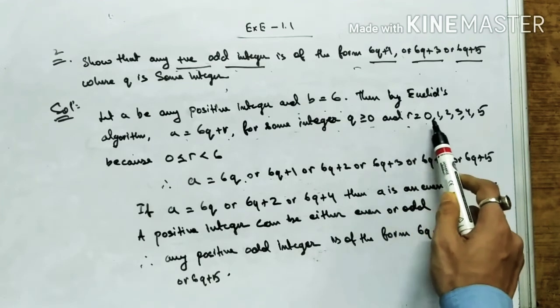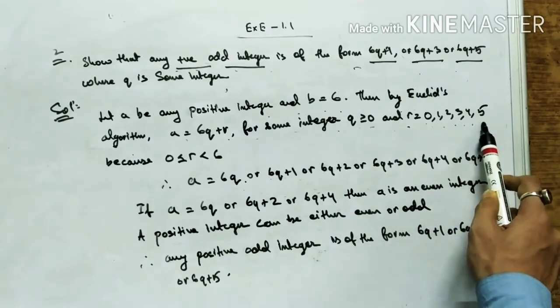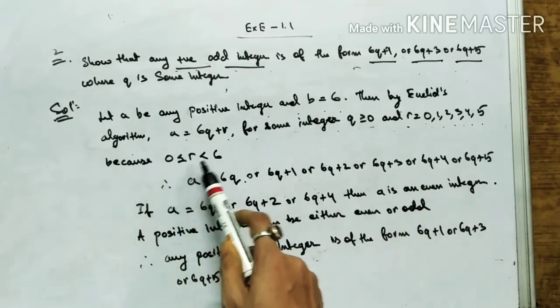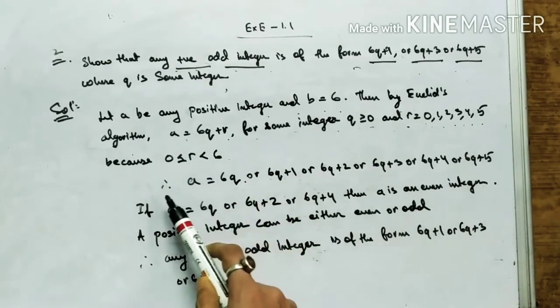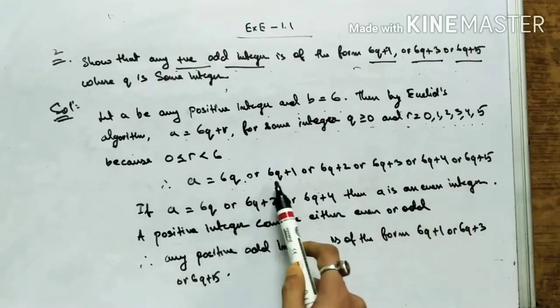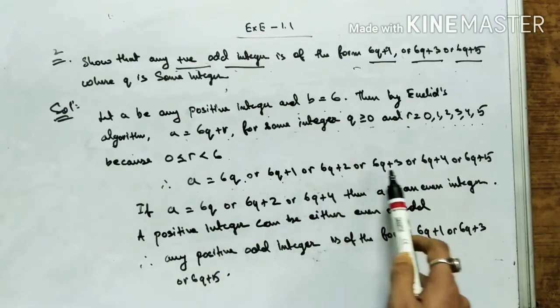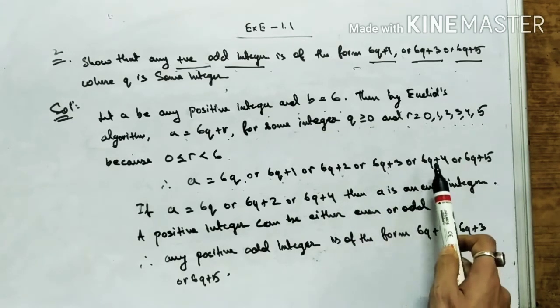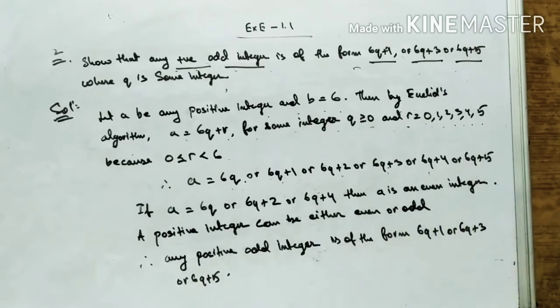And r value it will be 0, 1, 2, 3, 4, 5, because r is greater than or equal to 0 and less than 6. So therefore a value it can be 6q, or 6q plus 1, or 6q plus 2, or 6q plus 3, or 6q plus 4, or 6q plus 5.